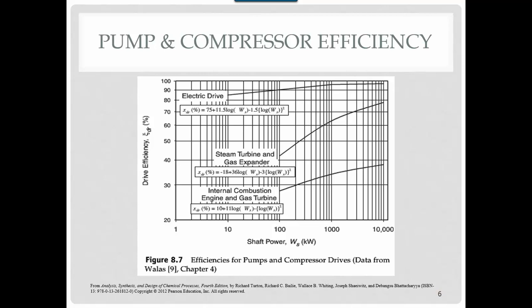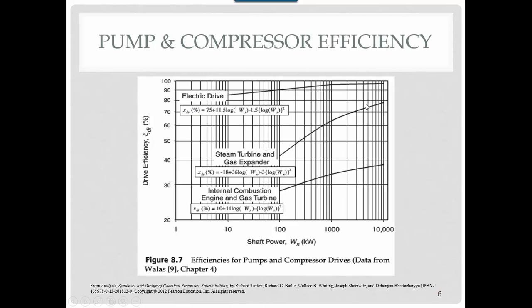Then we also talked about how the electrical cost is going to be related to pump and compressor efficiency. So we have our thermodynamic efficiency, which relates shaft power, okay? But now we have to relate that to the drive, what's turning the shaft. And if we have an electric drive, our efficiencies will be fairly high typically.